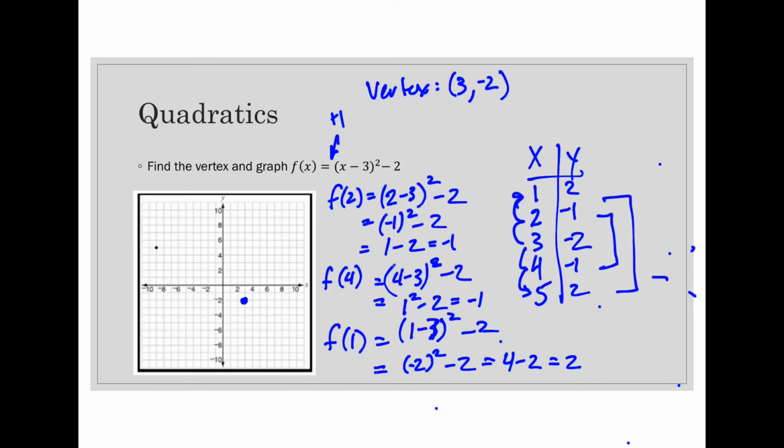All right, so plugging in the rest of these, we've got (3, -1), (2, -1), and then (1, 2) and (5, 2). Connecting my points. There we have it.